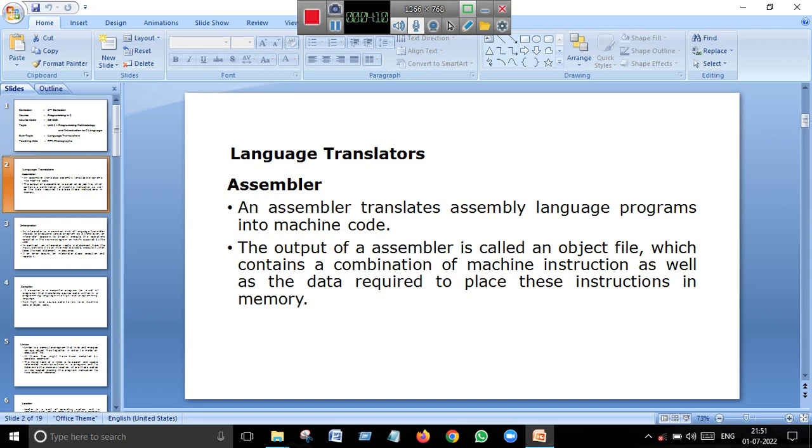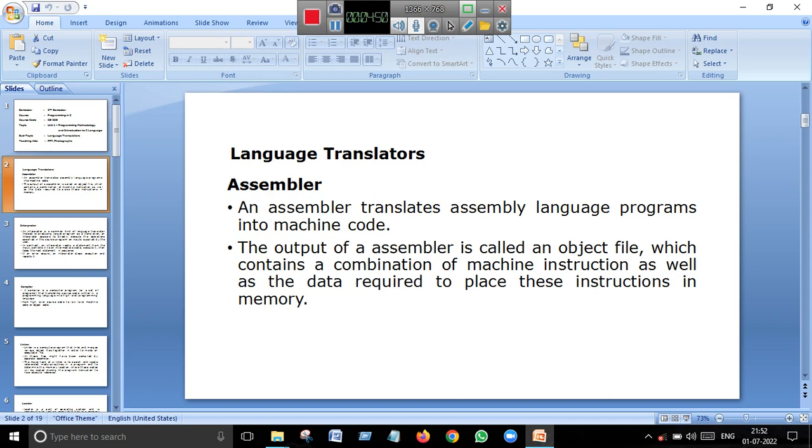And the assembly language is a language which is specific to a particular architecture, and the instructions are written in assembly language by using symbols called mnemonics.